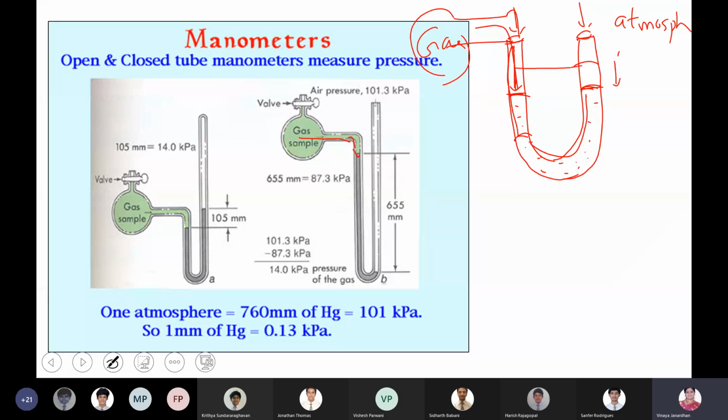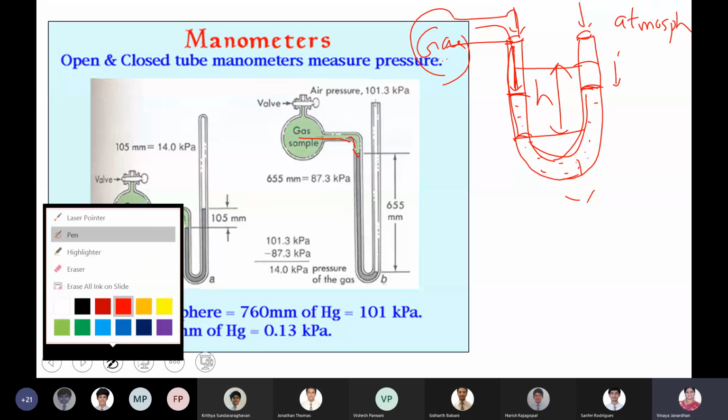So there will be a difference in height of the liquid columns in both the limbs, and this height h into the density of the liquid gives you the pressure of the gas enclosed. So manometer tubes are generally used to find the pressure of the gaseous substance enclosed in a chamber.